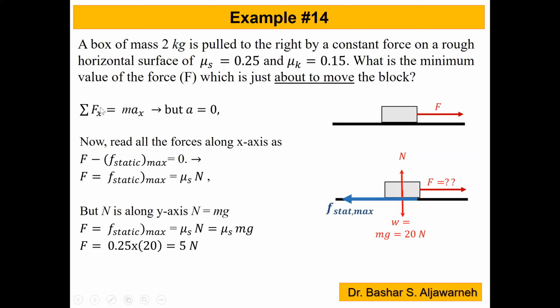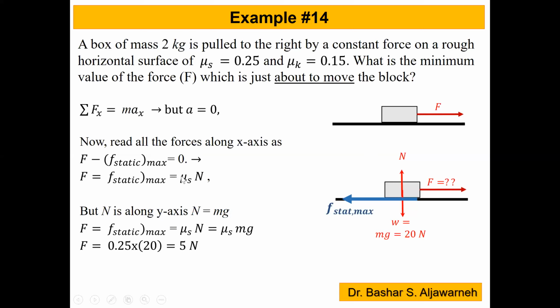So the forces along the x-axis give you F, which is in the same direction of the motion, so it is positive. F stat maximum will be negative because it is in the opposite direction to the motion. All of them equal 0. Now from here, the force equals F static, which equals mu s times n.